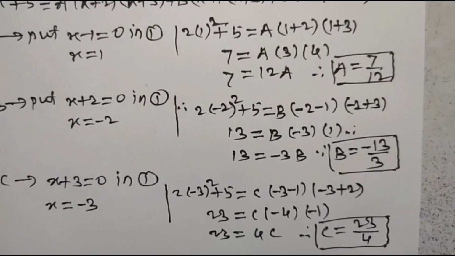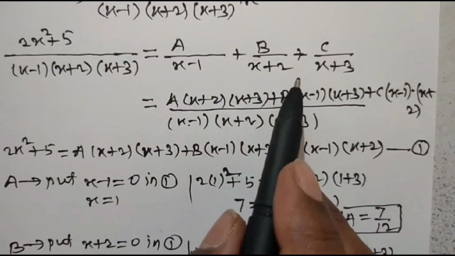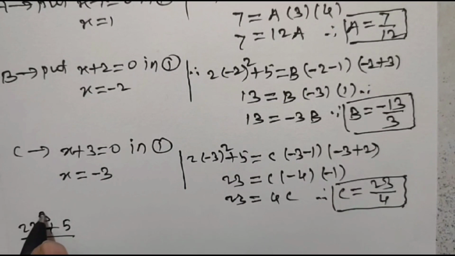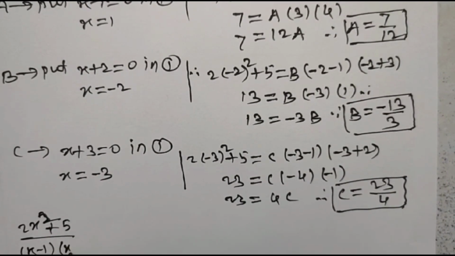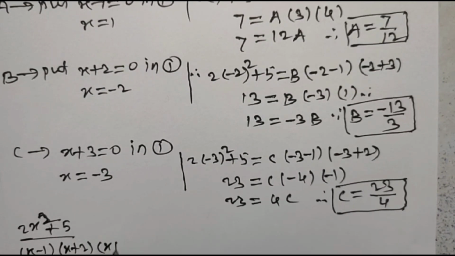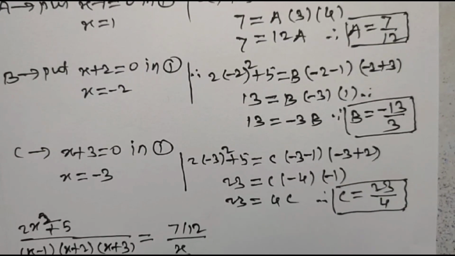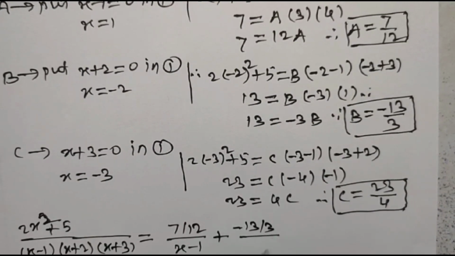Put the values of arbitrary constants a, b, c in this equation. So the partial fractions of 2x square plus 5 divided by x minus 1, x plus 2, x plus 3 is equal to: arbitrary constant a is 7 upon 12 divided by x minus 1, arbitrary constant b is minus 13 upon 3 divided by x plus 2, and arbitrary constant c is 23 upon 4 divided by x plus 3.